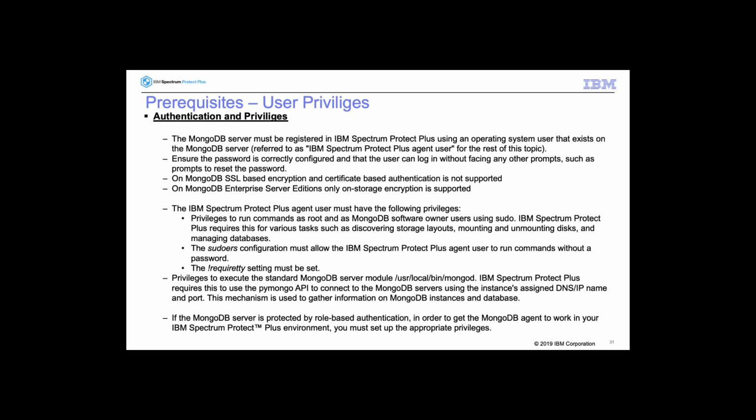And then also the authentication and privileges that are required. These are very similar to DB2. So if you've implemented Spectrum Protect Plus for DB2, you already know that the Spectrum Protect Plus user has to have passwordless sudo privileges in order to go out there and discover the MongoDB instances.